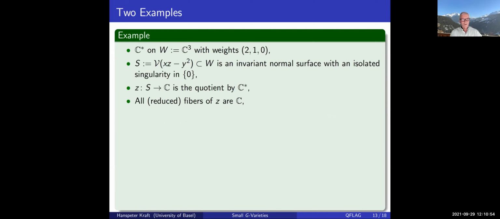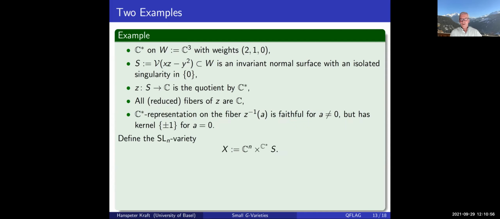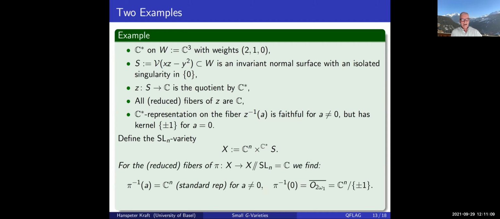And if we are going now to define the corresponding SLn-varieties, I take this interesting surface, C star, I take Cn, which is the closure of a minimal orbit, and then it has the following result. For the reduced fibers here, now we have the inverse image is a standard representation as long as A is non-zero. This corresponds to the above, where the fiber for Z is reduced.